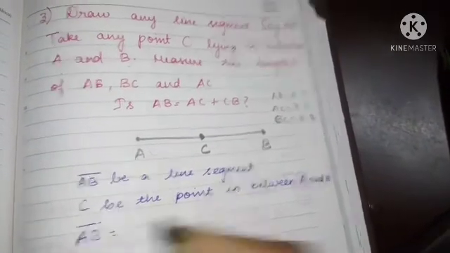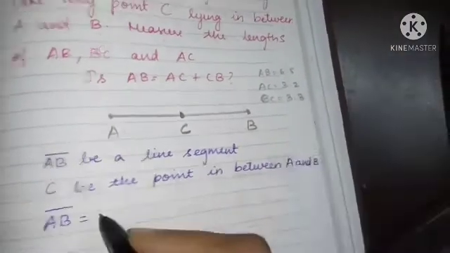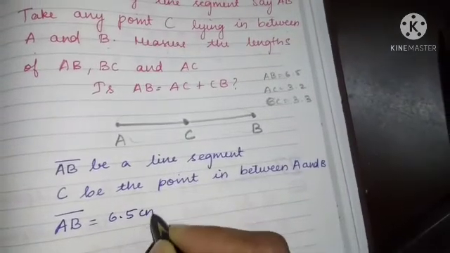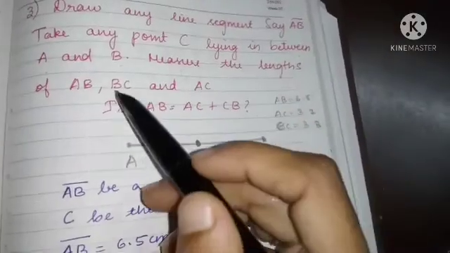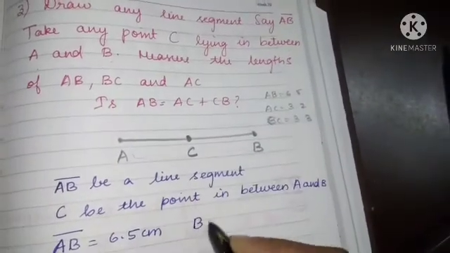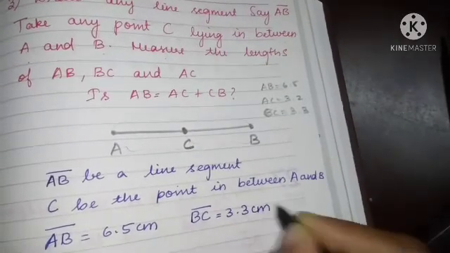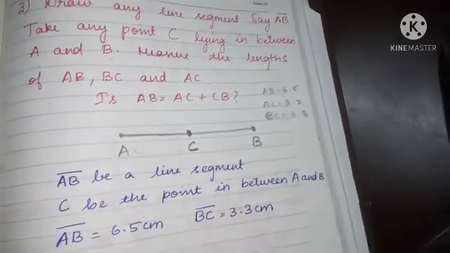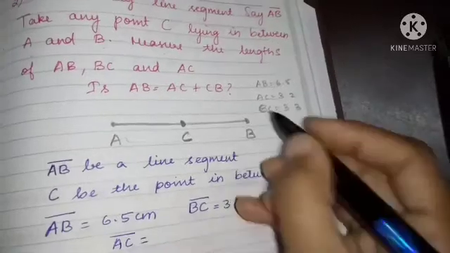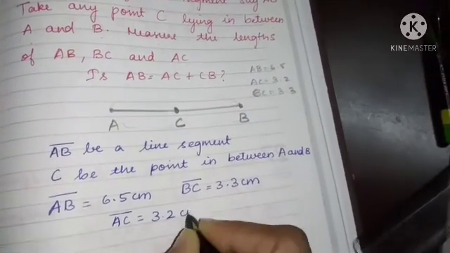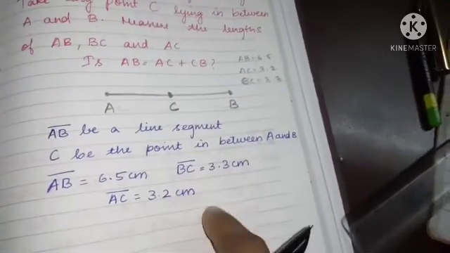AB line segment is equal to, as I have measured here, 6.5 centimeter. Next, BC: the BC line segment length is 3.3 centimeter. Next, AC is equal to 3.2 centimeter. Now I have measured all three.